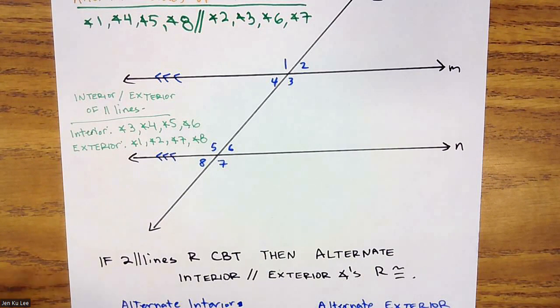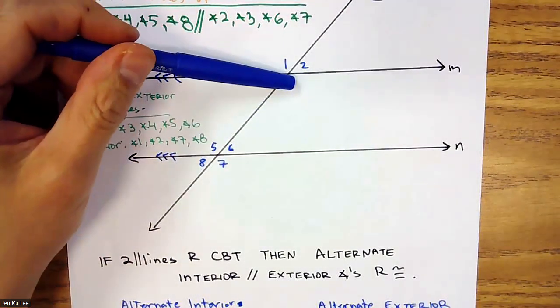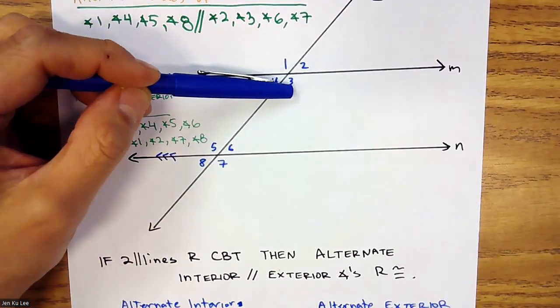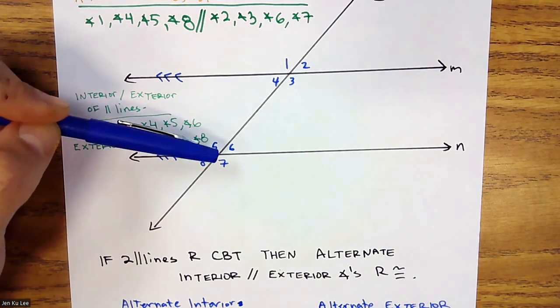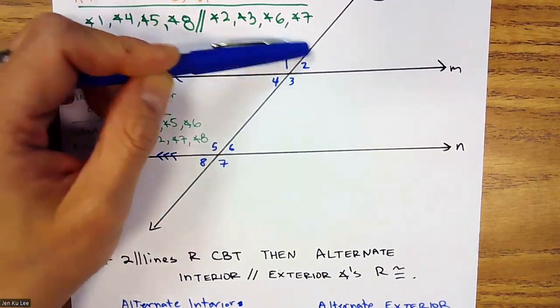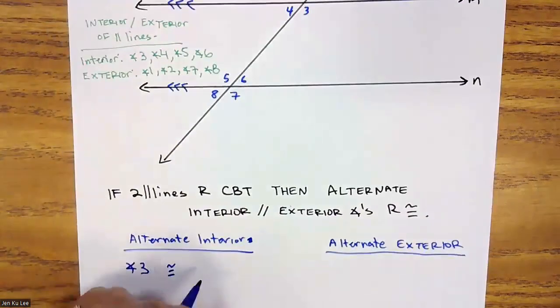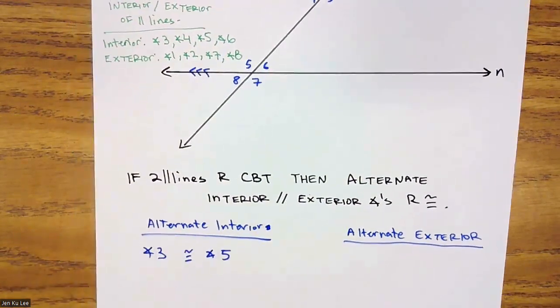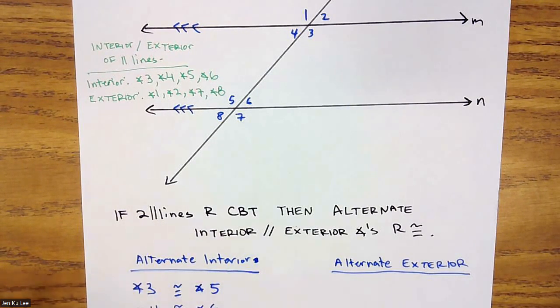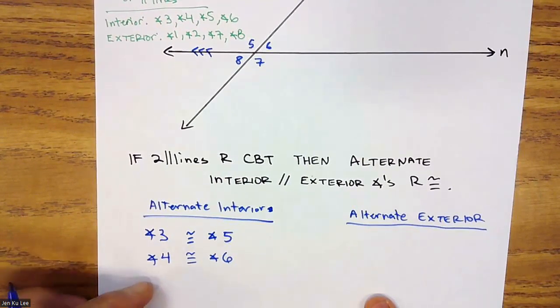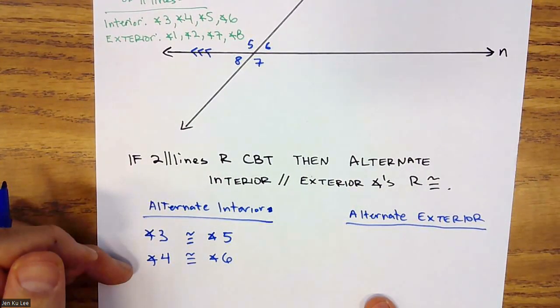It needs to be on alternating sides, so 4 or 5, but it needs to be in this group. Remember, we take one from this group and one from this group, so it has to be angle 5. Okay? Angle 4 is alternate interior to angle 6. All right? Those two are the pairs of alternate interior angles.